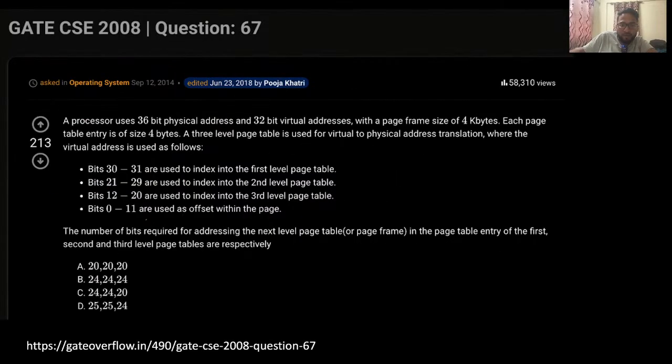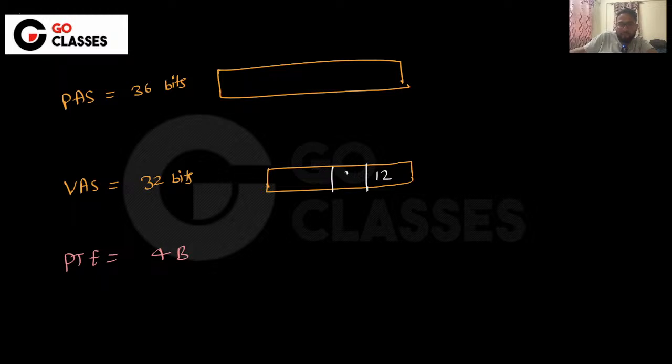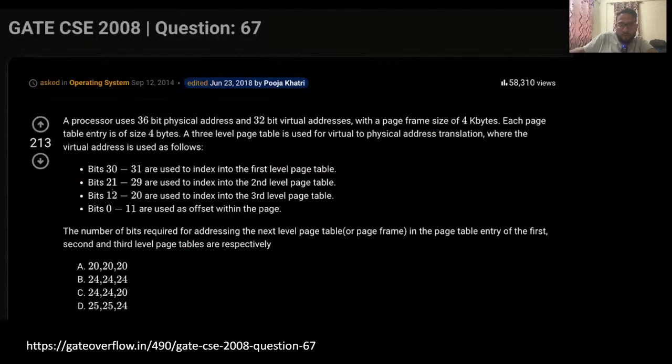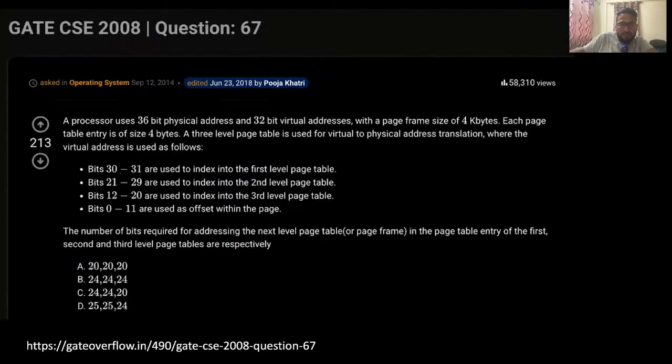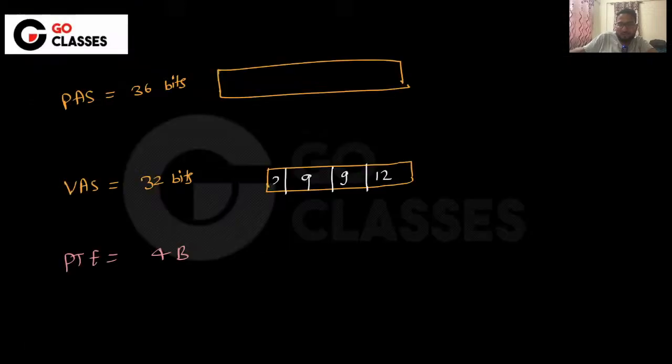For the remaining 20, they are saying 12 to 20 is 9 bits, 21 to 29 is again 9 bits, and then 30 and 31 are 2 bits. Can you check whether it is 32? 9 and 9 is 18, and 20, and 12, yes, 32. So the address split is given to us.